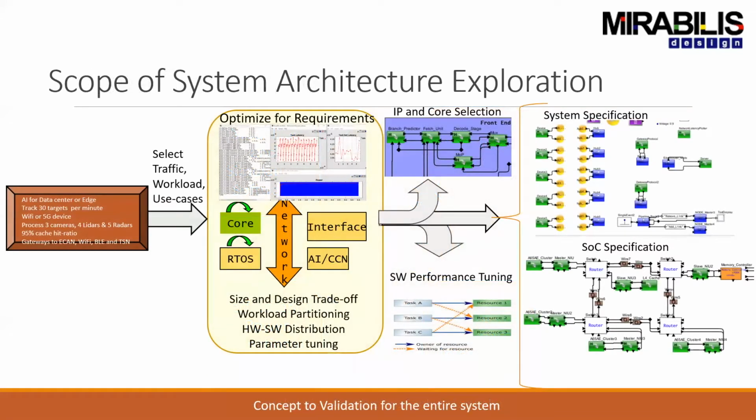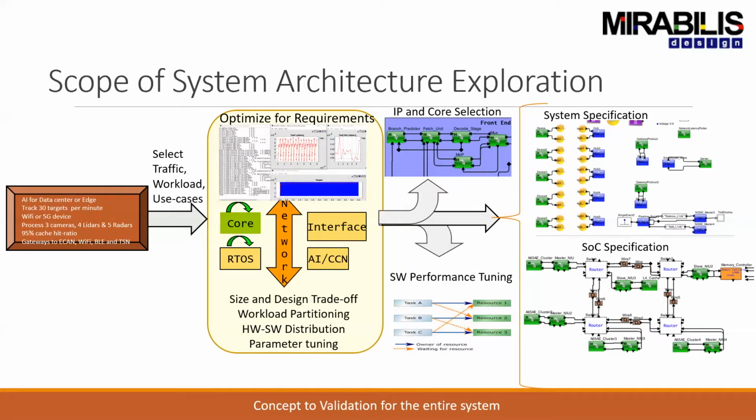Now, what is the scope of system architecture exploration? Before I go into the details of why architecture exploration done this way is far more efficient, it is important to understand the scope. System architecture exploration really starts at the very early stage of your design process. So it's really about you receiving requirements from customers, or you have new ideas, or marketing has come up with some proposals, and they typically are in a requirements document, can be in DOORS, can be in SysML.